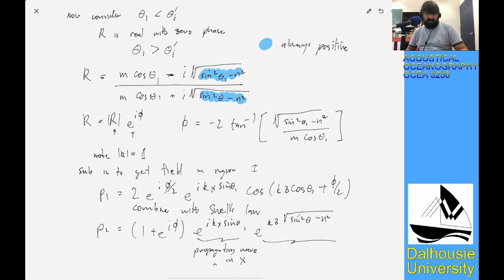It's just an exponential decay in z. So this is what we call an evanescent wave, which means that its amplitude is exponentially decaying in depth.